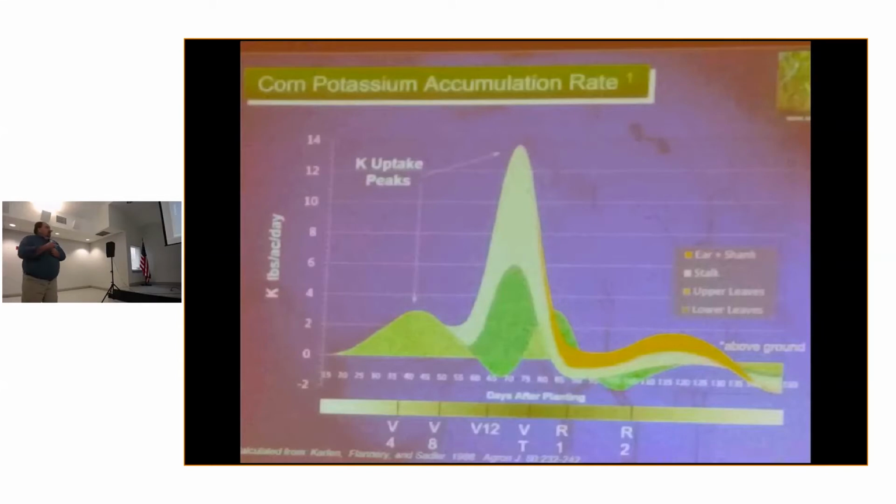These uptakes are 14 pounds a day of potassium on 400 bushel corn. We've heard that already stated, but this visual really shows me when I have to be paying attention to my potassium. There's a little peak here. This is the big rock. So, okay, let's go next.